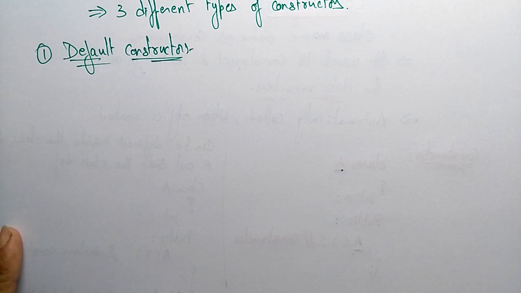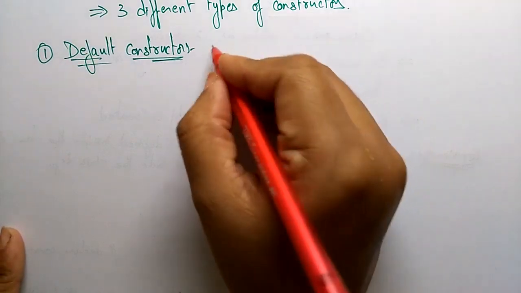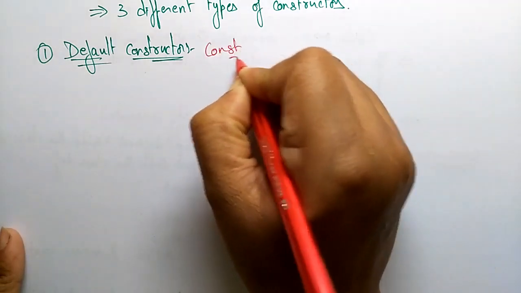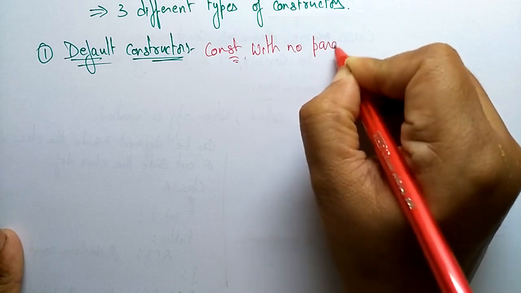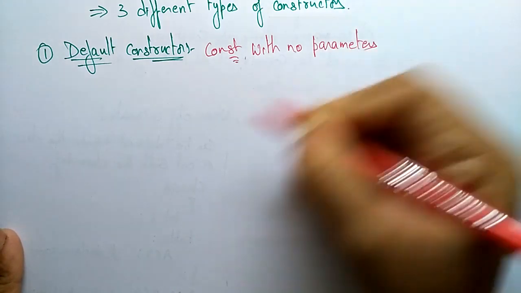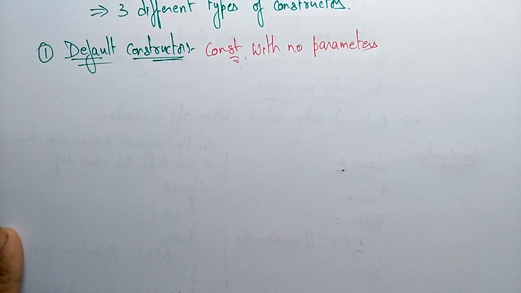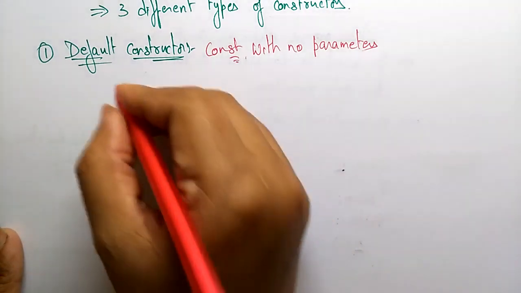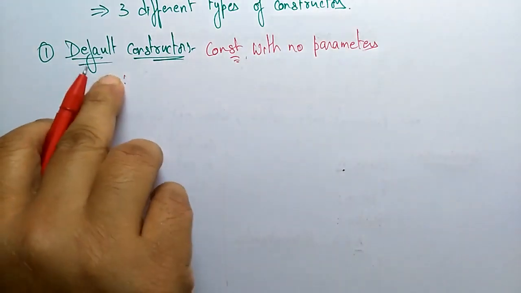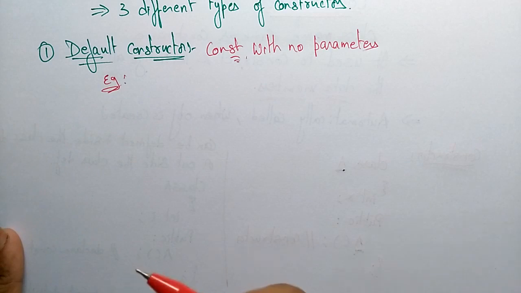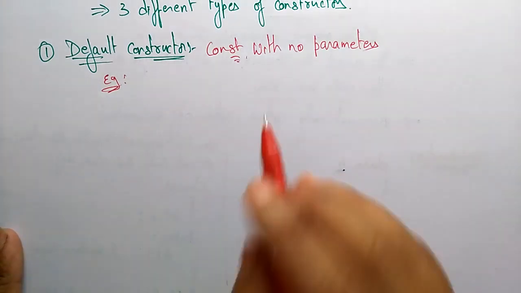A default constructor is nothing but a constructor with no parameters. Let us see an example, then you will understand what the default constructor is.